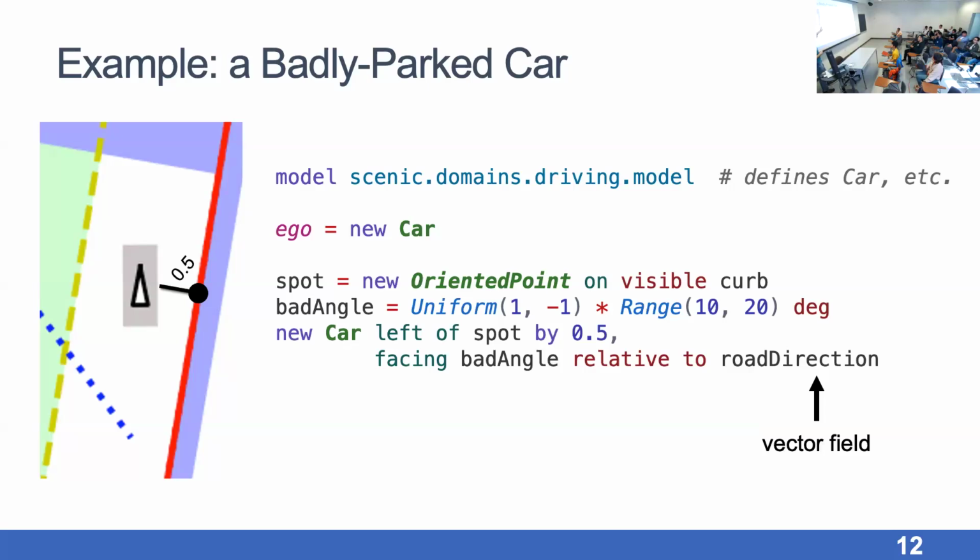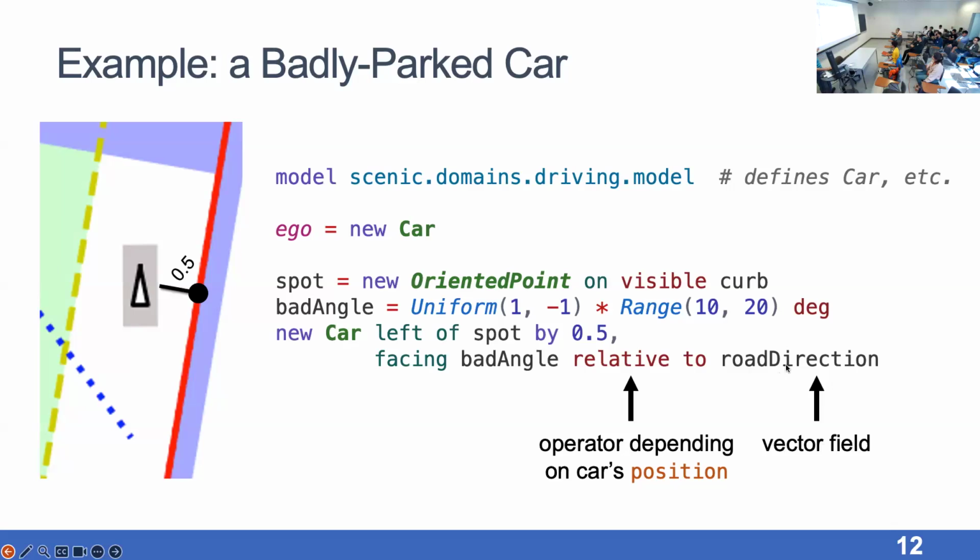And we want this positive angle to mean tilted one way versus the road, and negative would be the other way. So here what we're saying is facing bad angle is relative to the road direction. So 'relative to' here is an operator built into Scenic, which says, interpret this angle relative to the road direction.